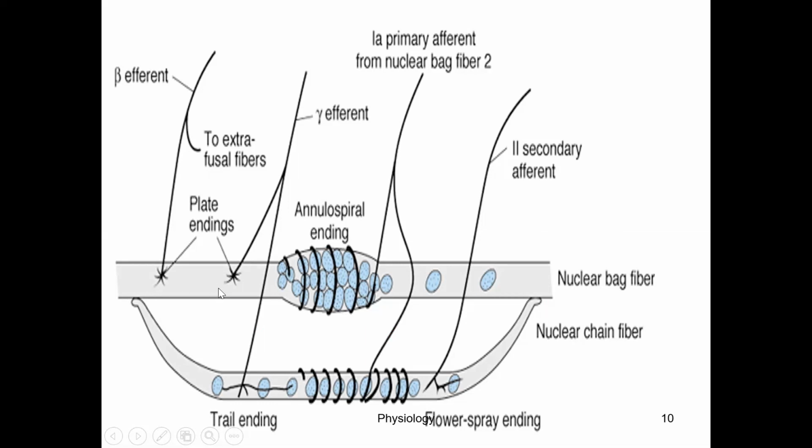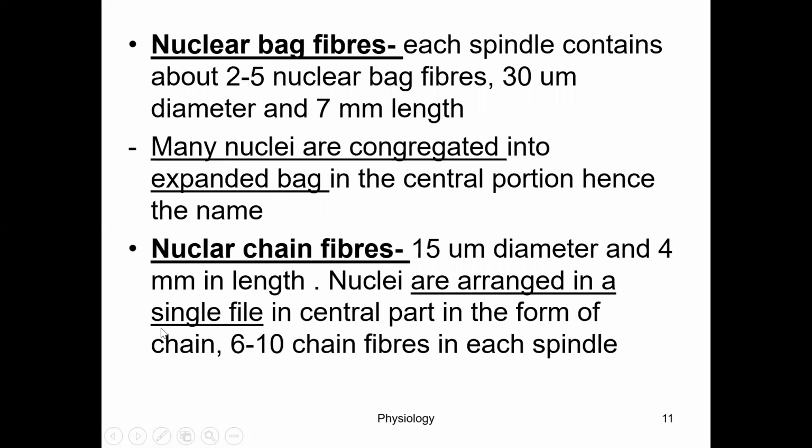So whenever there is a contraction or stretching of these peripheral components, it will stimulate these non-contractile or sensory components of intrafusal fibers. Okay, so the intrafusal fibers are made up of two groups of fiber. One is called nuclear bag fiber, and the second is called nuclear chain fiber. Nuclei are arranged in a bag, that's what is called nuclear bag fiber. And where nuclei are arranged in a chain, that's what is called nuclear chain fiber. So the function of the central component is that it acts as a sensory component. It is stimulated when there is a stretching or contraction of the peripheral contractile components of the nuclear bag and nuclear chain fiber.